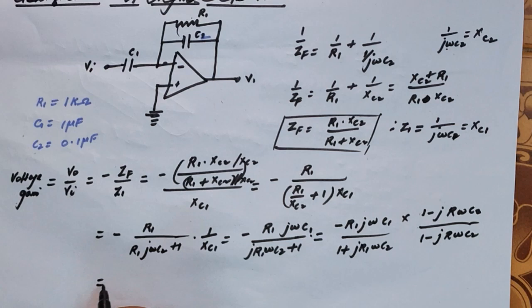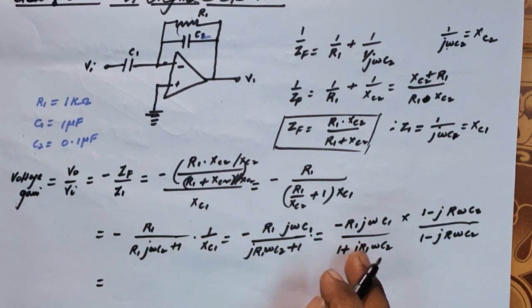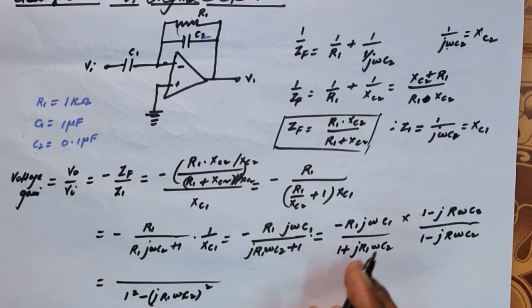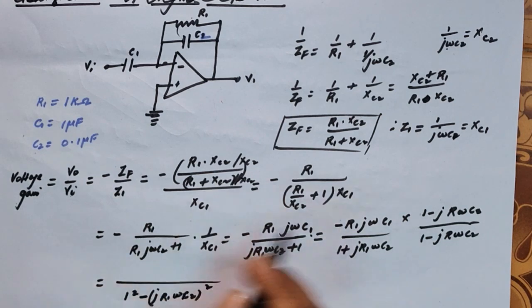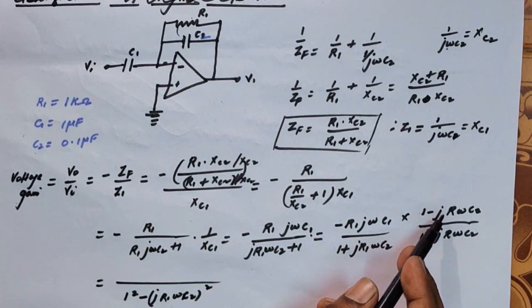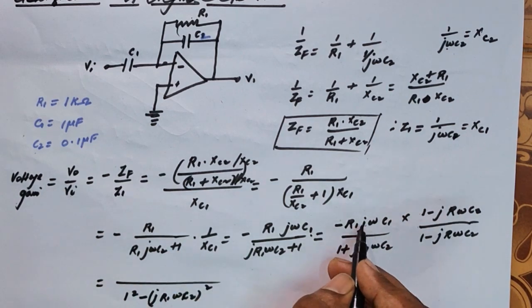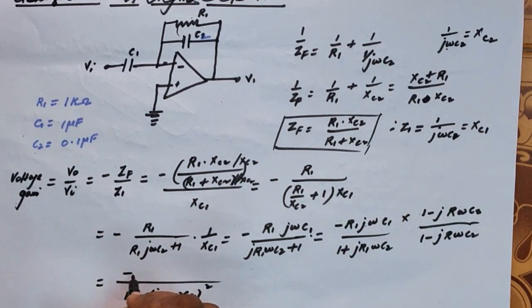The denominator was 1 plus j R1 omega C2. This will give a squared minus b squared, a plus b into a minus b. So 1 squared minus j R1 omega C2 whole squared. In the numerator, minus into minus is plus, and j squared gives minus, so here also it will be minus.